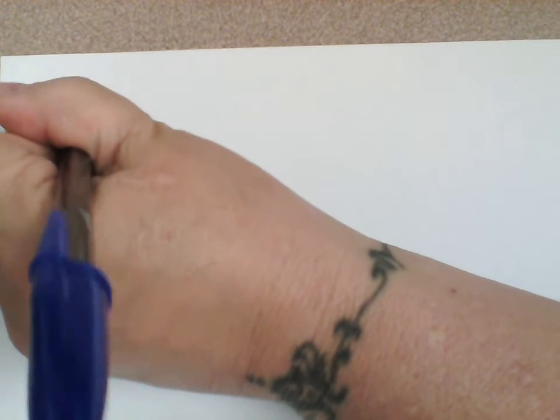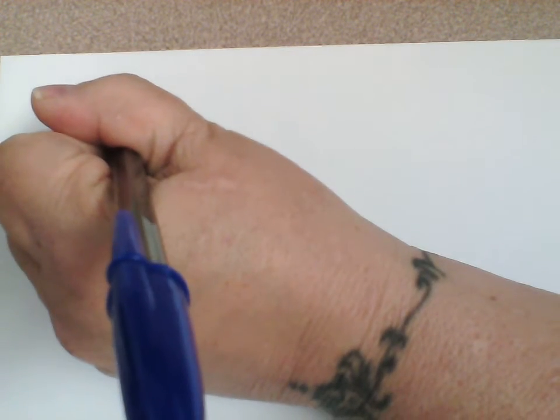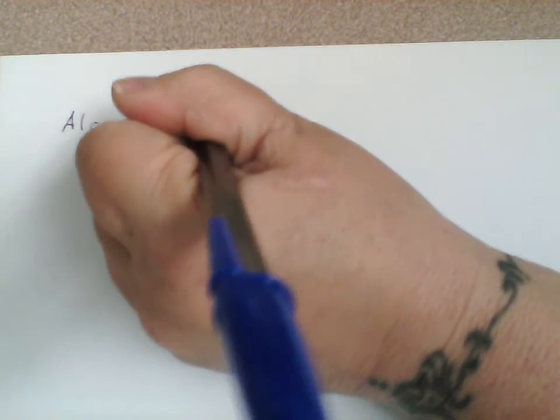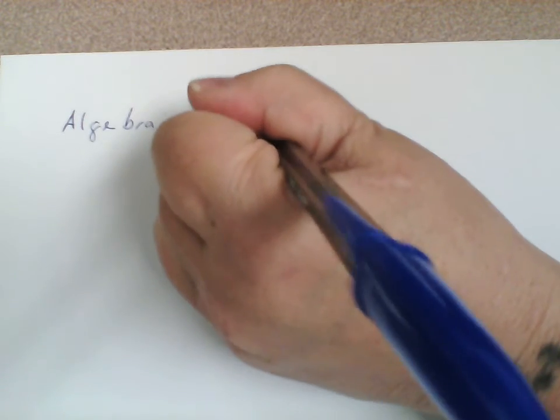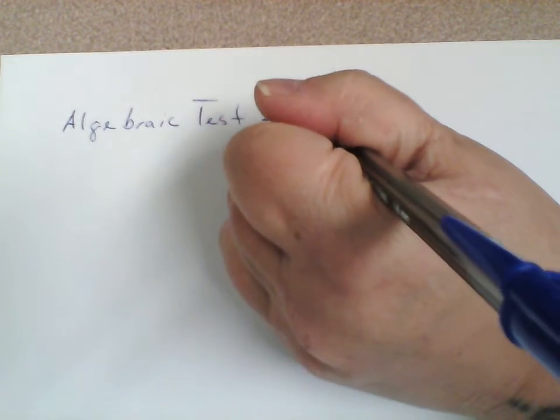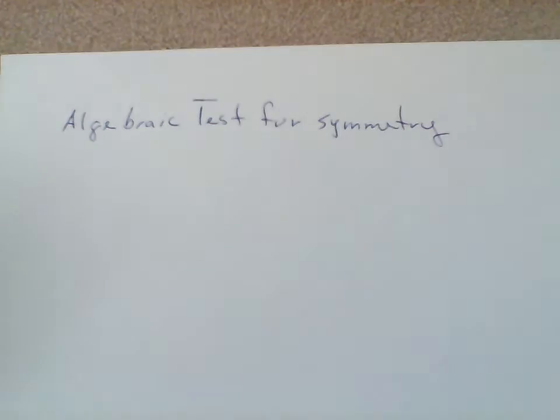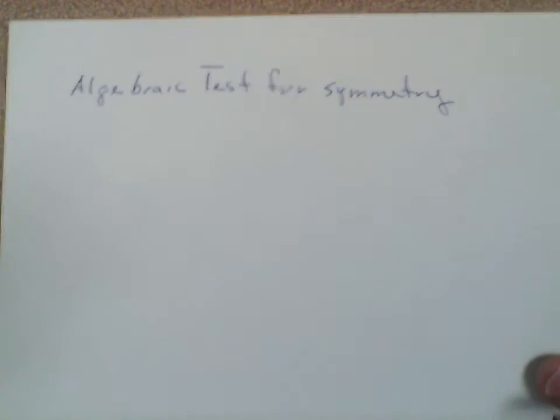The algebraic test for symmetry. So for the algebraic test for symmetry, we're going to have to do the same thing. It will be with respect to the x-axis, the y-axis, and the origin, right? So we're also going to have 3 of these.